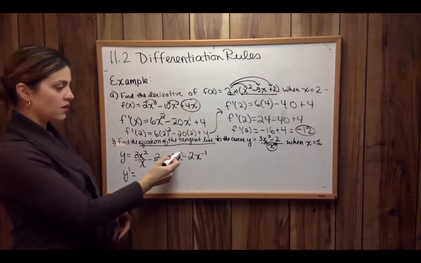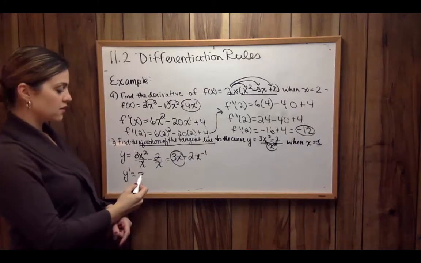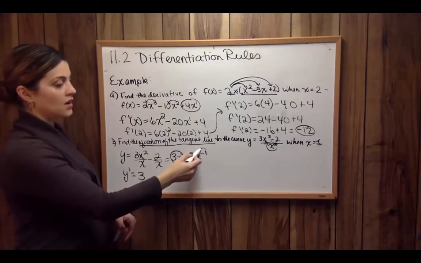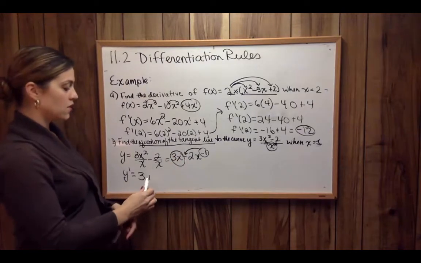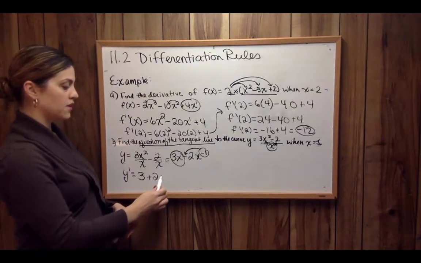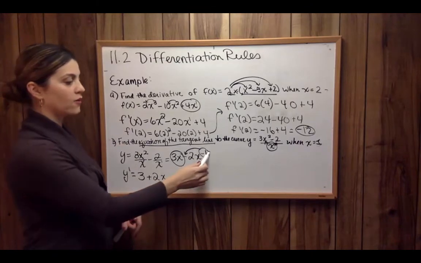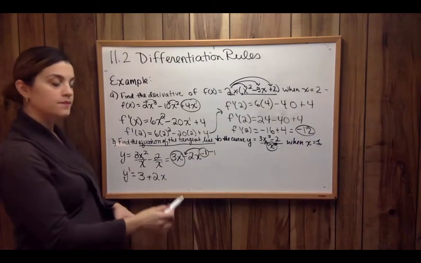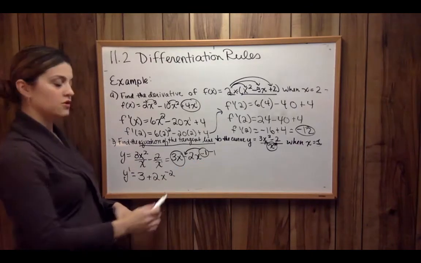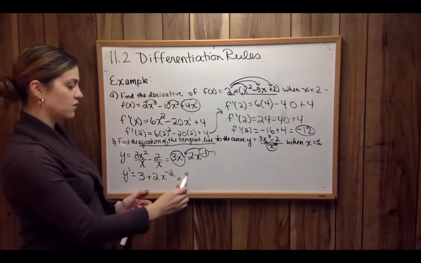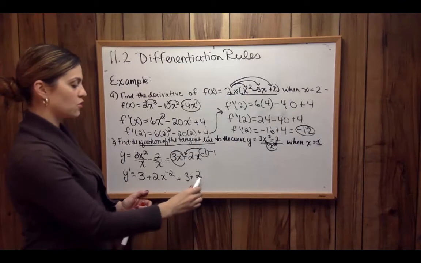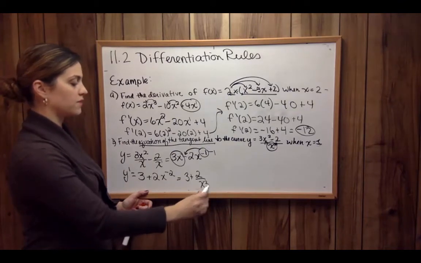The derivative of 3x is 3. Negative 1 times a negative 2 plus 2, x, negative 1 minus 1, negative 2. Which is 3 plus 2 all over x squared.